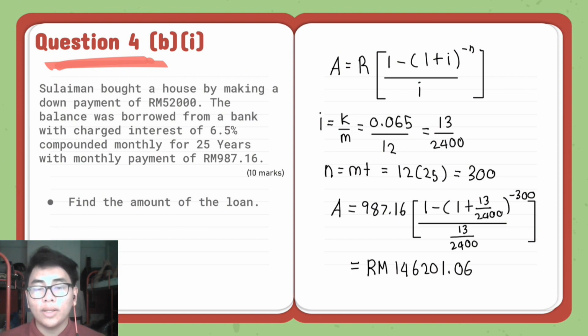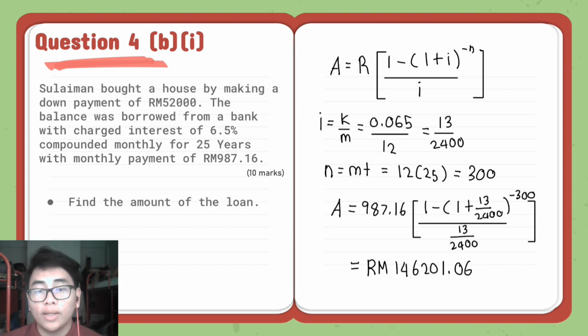To find it, we use i equals k divided by m. k is 0.065 divided by m, which is 12, and we get 13 divided by 2,400.